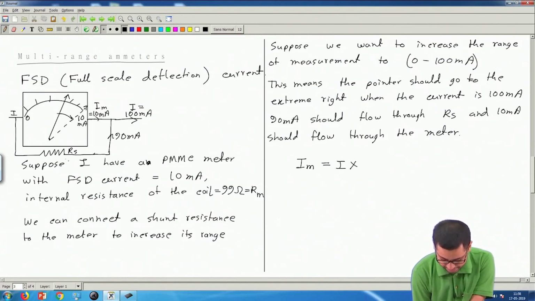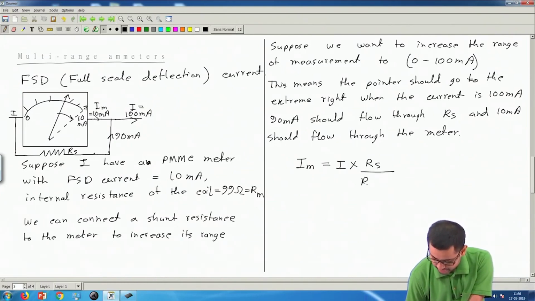multiplied by, according to the current divider rule, Rs divided by Rs plus Rm, and then we know that this is equal to 100 multiplied by Rs plus Rm.